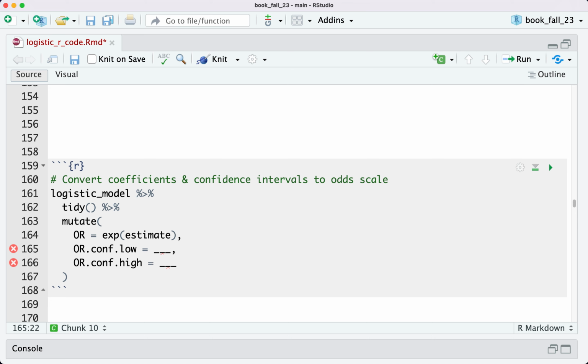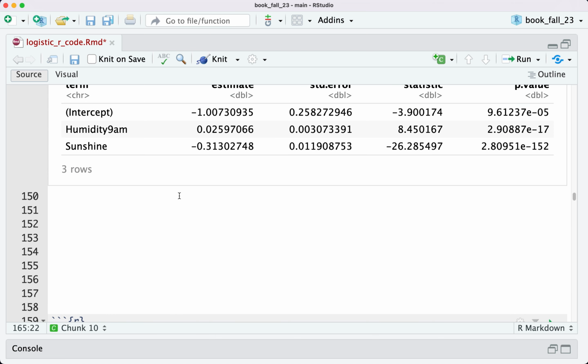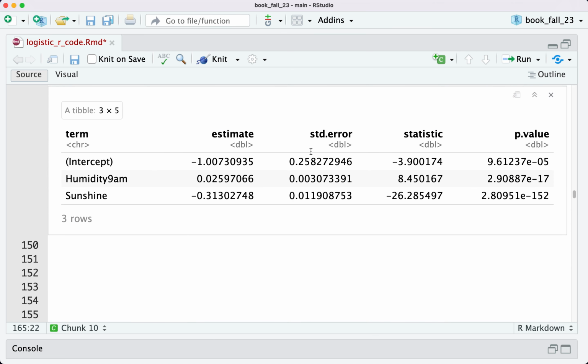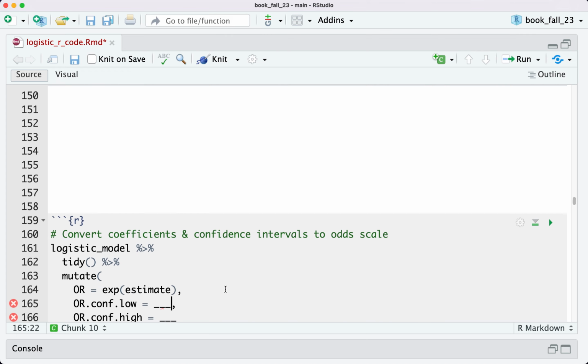I also want to get information about the errors on the odds scale instead of errors on the log odds scale. But instead of just transforming the standard errors, I'm going to use the errors in combination with the estimates to get a confidence interval for the coefficients. It's a little bit easier to interpret.